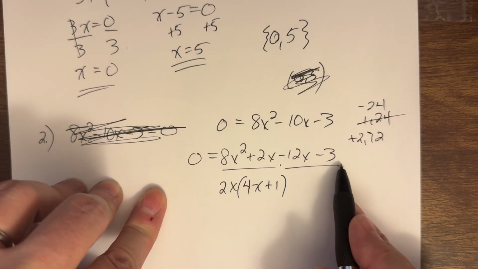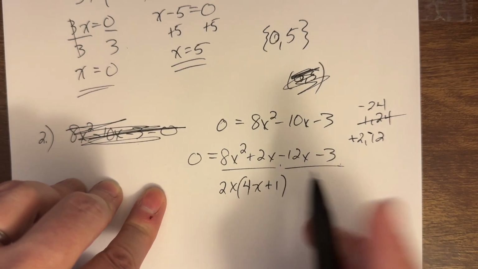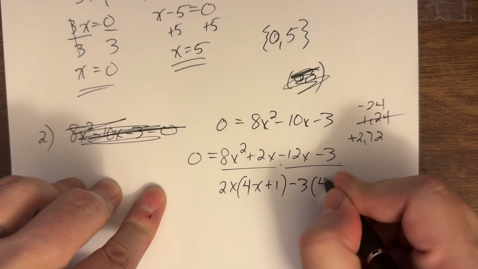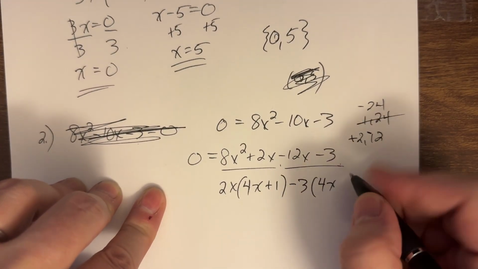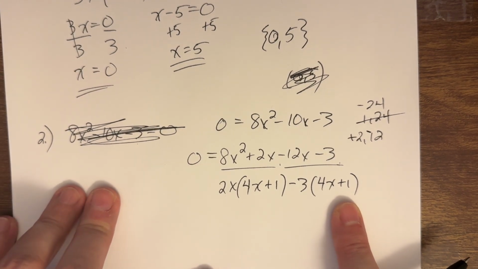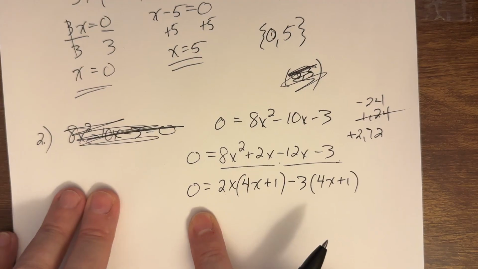Over on this side, 12 and 3 share a common 3, but as we've seen, we're going to take the negative out to go with that, so that'll give me a positive 4x here, and I'll be left with a positive 1 here. I know I'm on the right track. Good habits, still good to keep the other side of the equation, everybody.